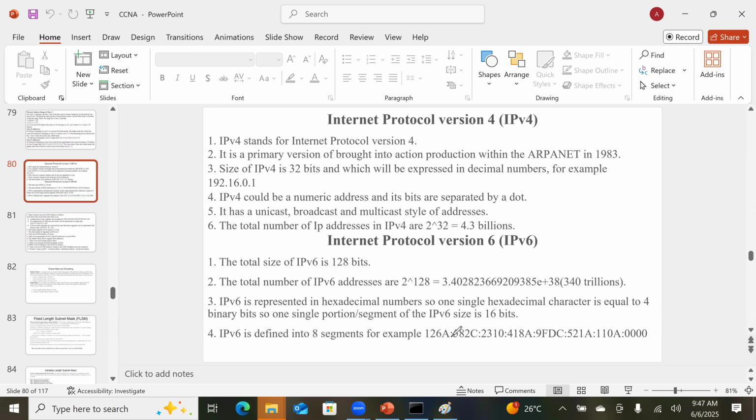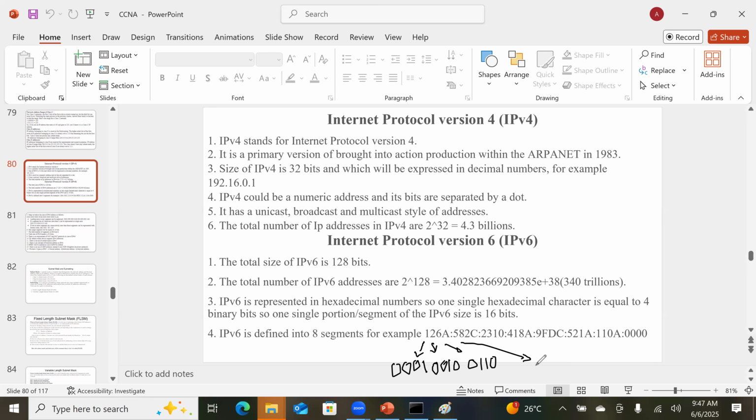How does that come about? If you convert this particular number into binary, what do you get? 0001. And the 2 is 0010. And next is 6, which is 0110. And A is nothing but 10.